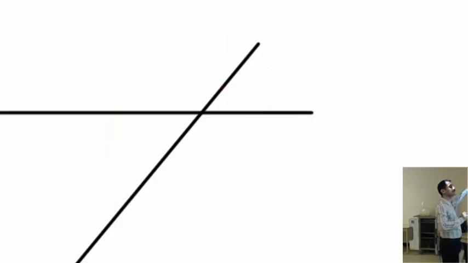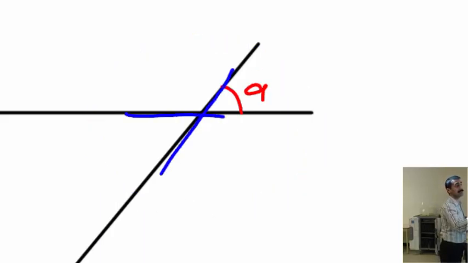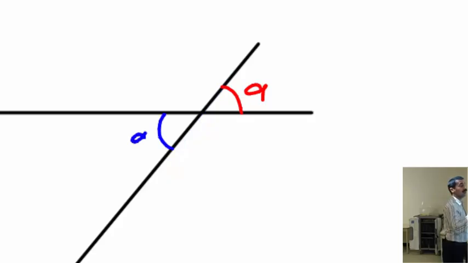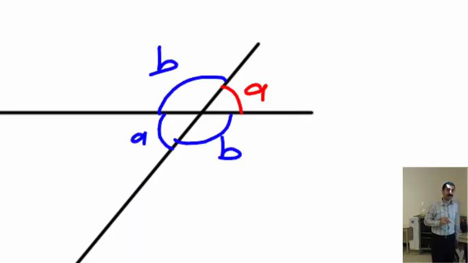You will know that it's the cross line, right? In a cross line, that was a different rule we talked about. This is also A. And let's assume the other one is B. So this will also be B.